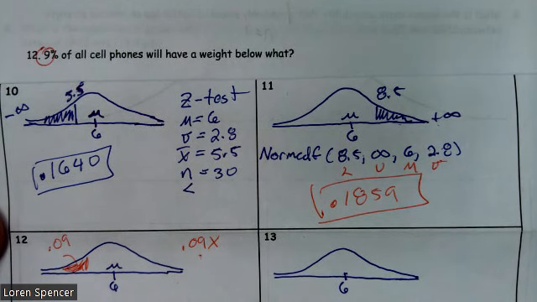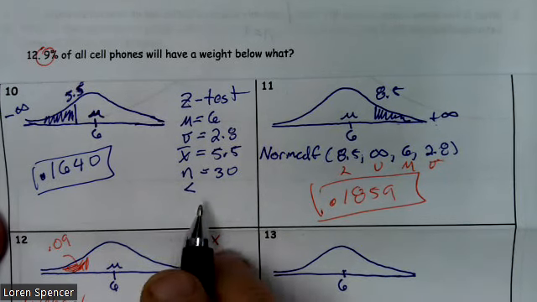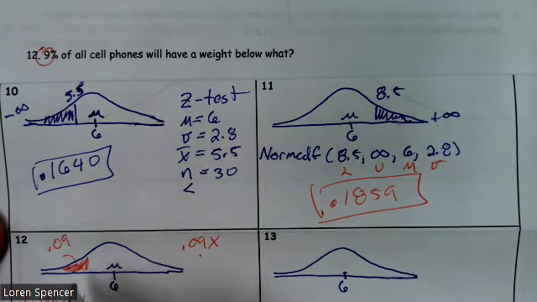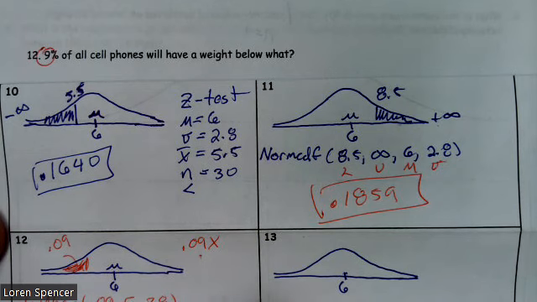All right, so inverse norm. First thing it's going to ask for is the area, which is 0.09. Then it's going to ask for the mean, which is 6. Then it's going to ask for the standard deviation, which in this case was 2.8. We need to come back and label those: probability, mean, standard deviation.